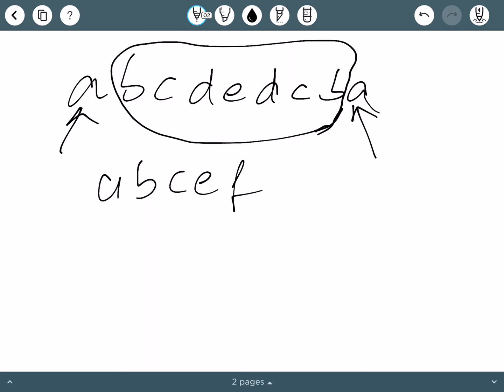Is this a palindrome? Well, I look at the extremes, A is not equal to F, and I can just return, not palindrome. If they were equal, then I would invoke recursively to check that piece. So that's what you have to do.